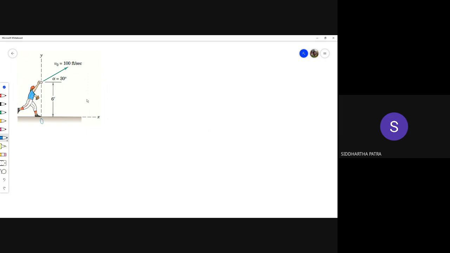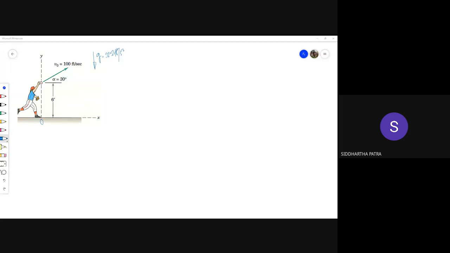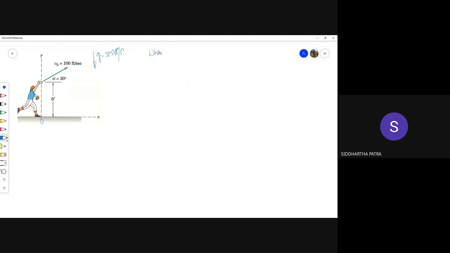Of course, you know how much g is. g is 32.2 feet per second squared and acting downwards. The question is, when time equals 0.5 seconds, so 0.5 seconds after the release, determine the following.